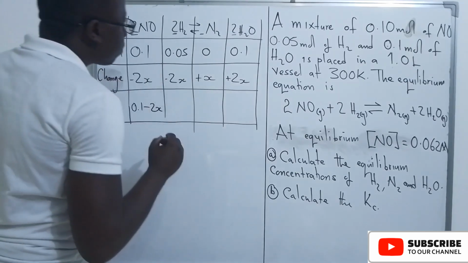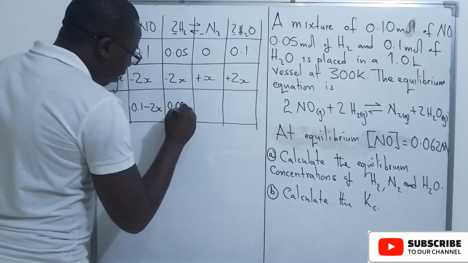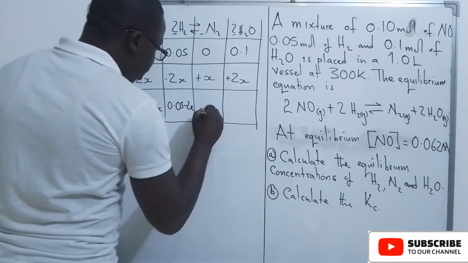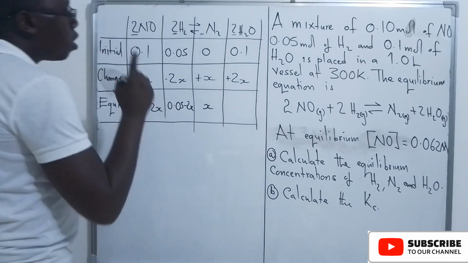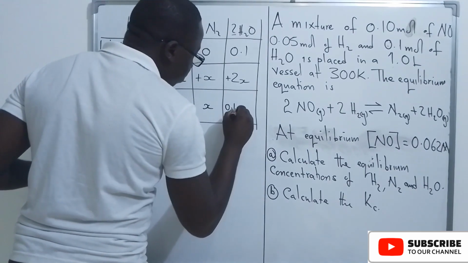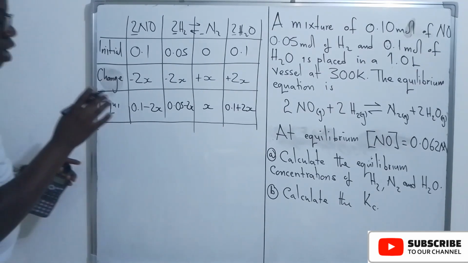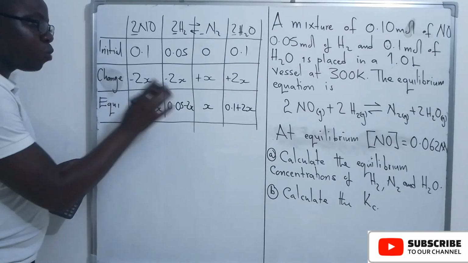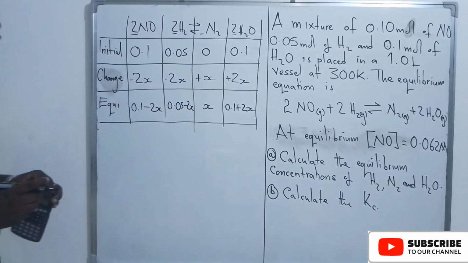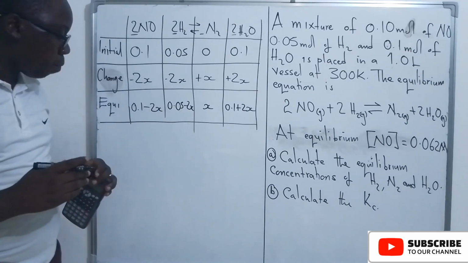Then for hydrogen, it should be 0.05 minus 2x. Then for nitrogen, it should be x. And then for H2O, it should be 0.1 plus 2x. So these are the equilibrium expressions that are expected in terms of the change when this reaction reaches equilibrium.